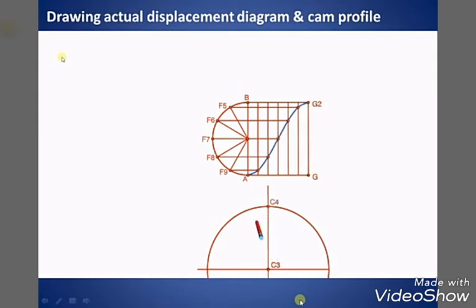So this is the starting point. Then transfer this point on the circle and divide the circle into 6 equal parts, by taking the equal arc distance. And now draw the rays passing through these particular points.